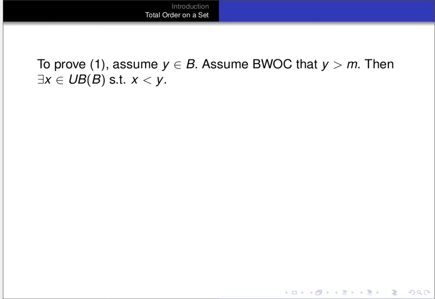So y is greater than M, y is greater than the infimum of the set of upper bounds of B. And if you're greater than the greatest lower bound, then you're not a lower bound. So there exists something in the set of upper bounds of B less than y.